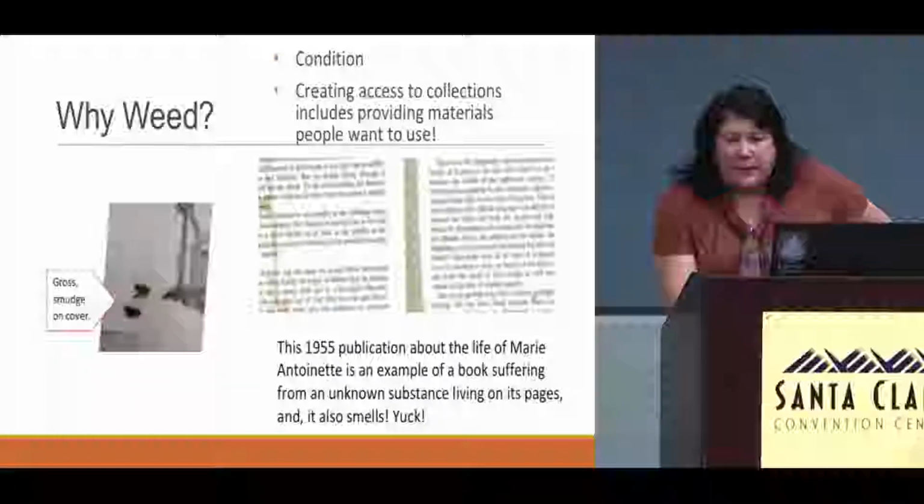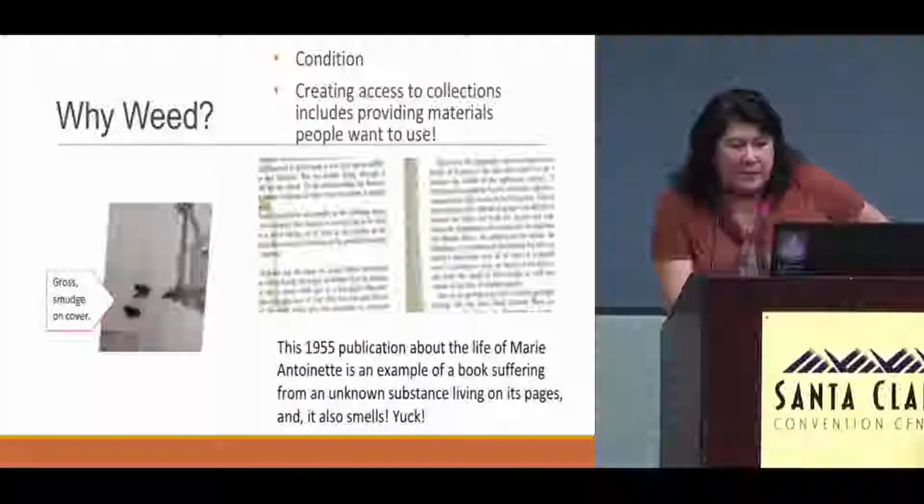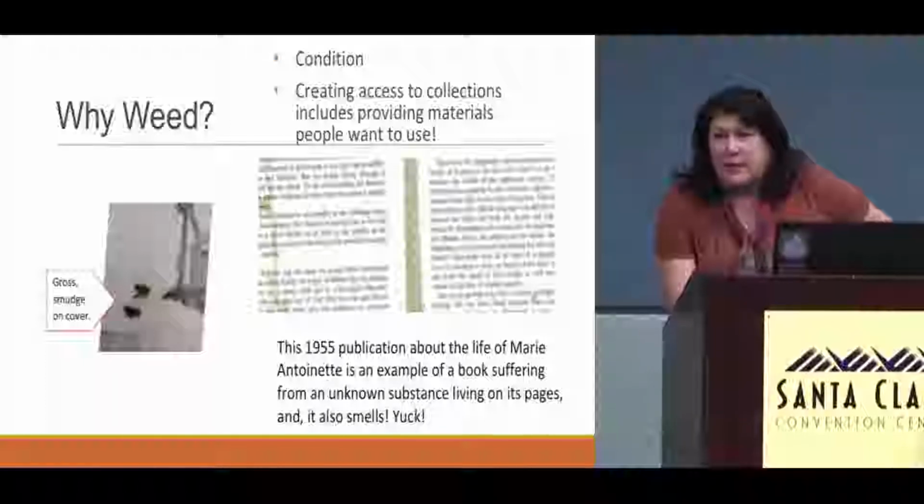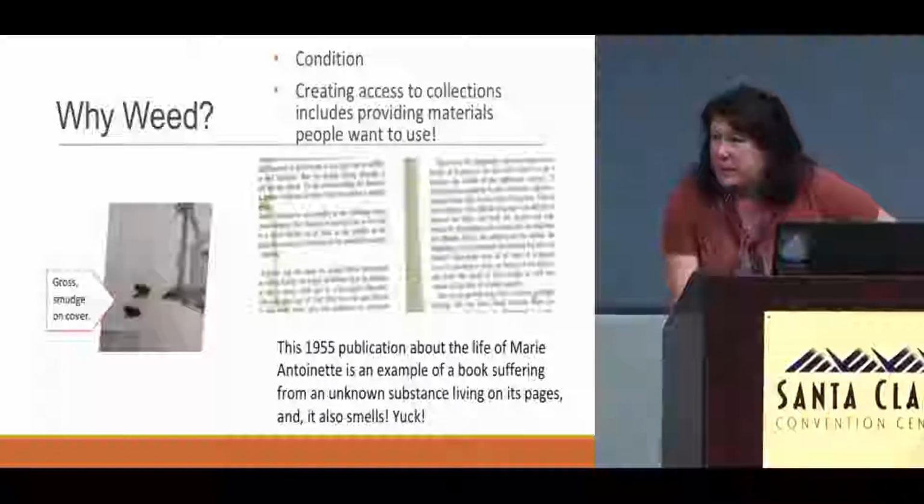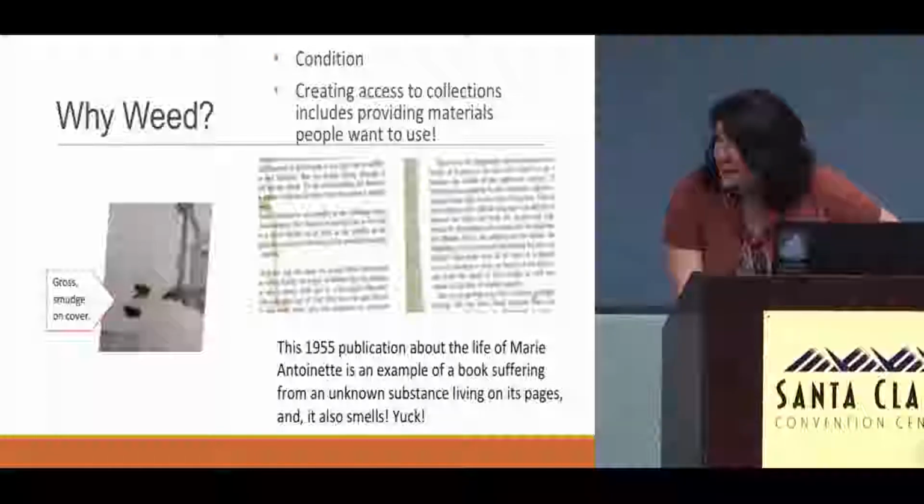This is another example of a damaged item. I found this in our children's area. It appeared to me that maybe this was an item that a patron had at one point mended themselves.